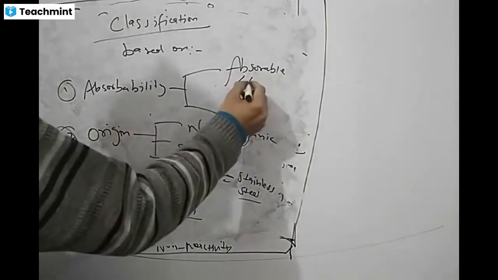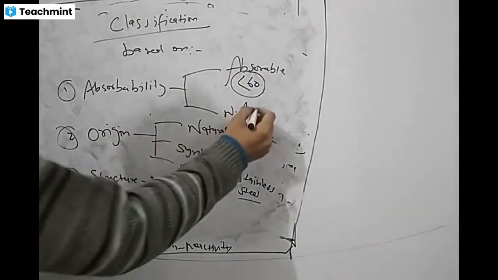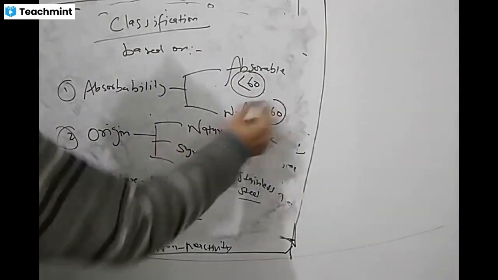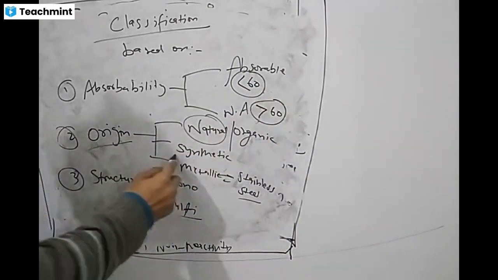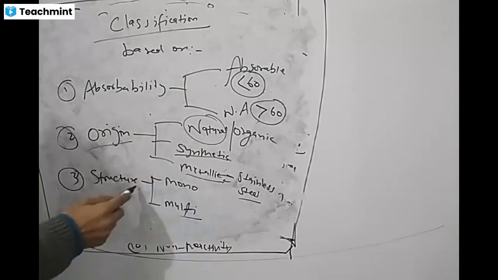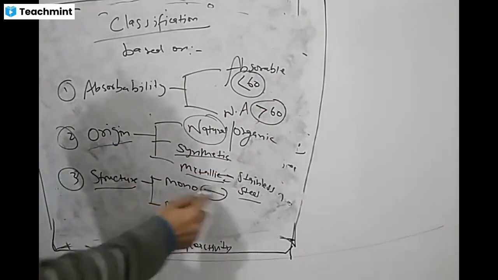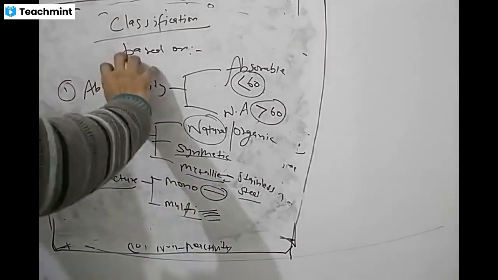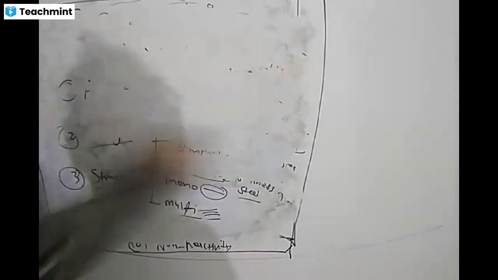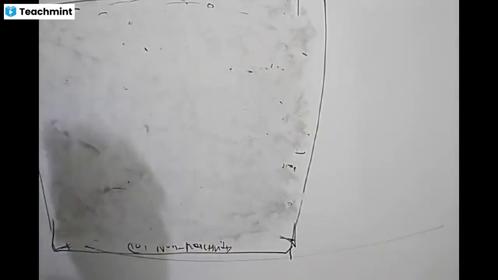Absorbable means they break down within 60 days, and non-absorbable means more than 60 days. Origin may be natural, synthetic, metallic, or based on structure may be monofilament or multifilament. So first we'll look at the first classification, that is absorbable or non-absorbable suture materials.